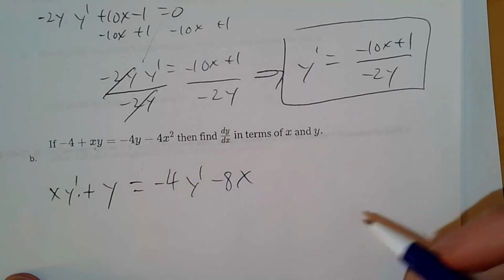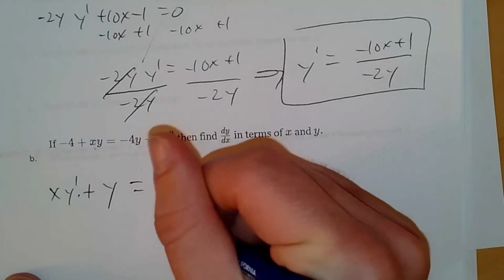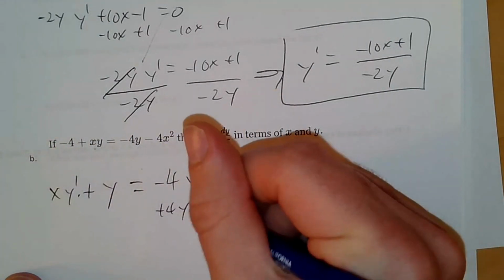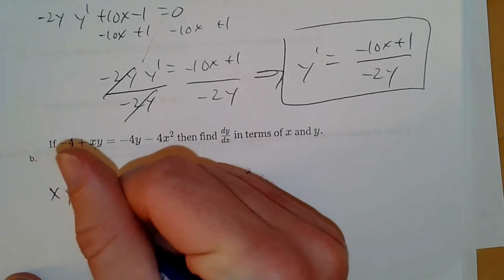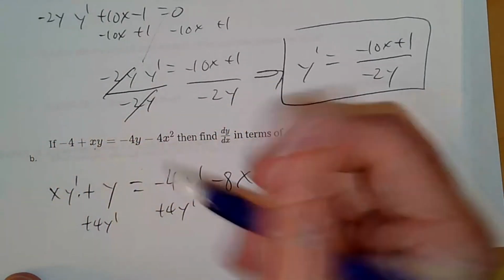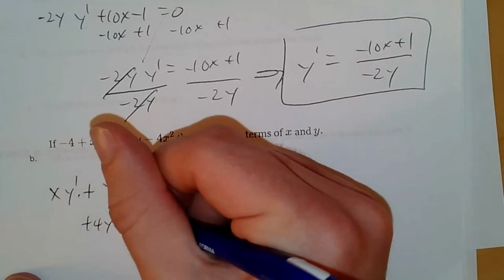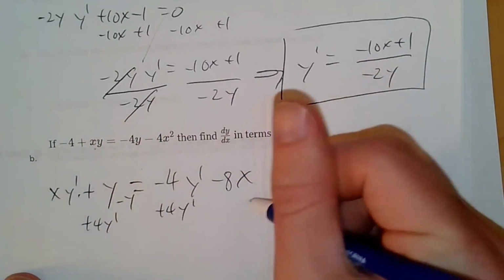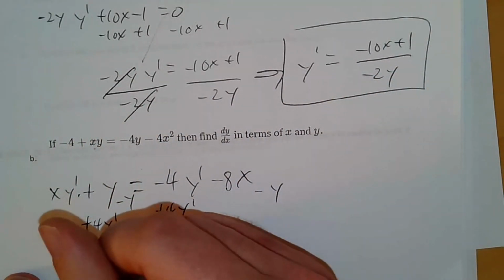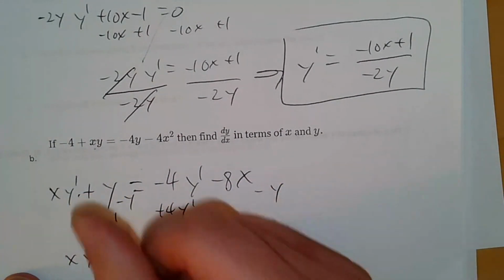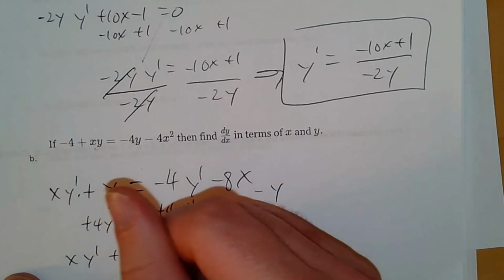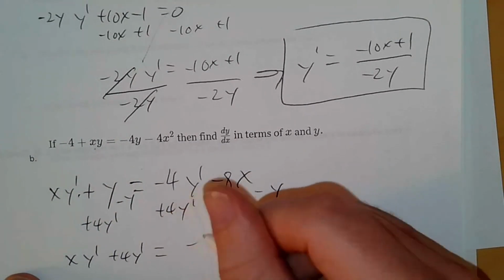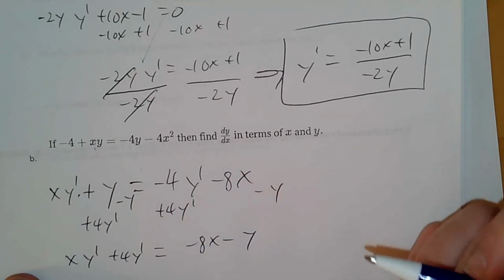We're going to get all the y primes on one side. So I'm going to move this one over, plus 4y prime, and add it over here. At the same time, I'm going to get rid of this y. So I'm going to do minus y here and a minus y over here. So what I then have is xy prime plus 4y prime equals negative 8x minus y.